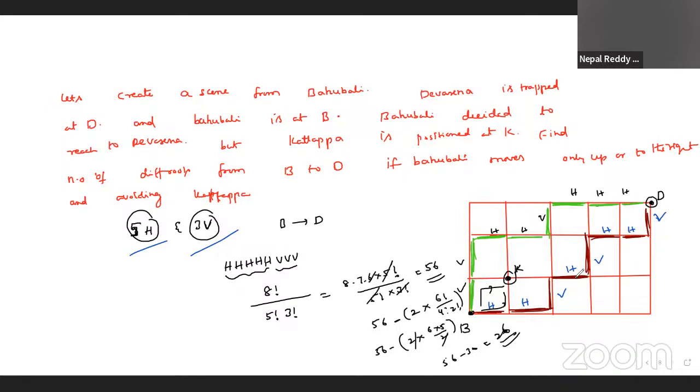Next, we go for another question with the concept of circular permutations. We will discuss circular permutation: arrangement of distinct objects around a circular table. There is a circle.